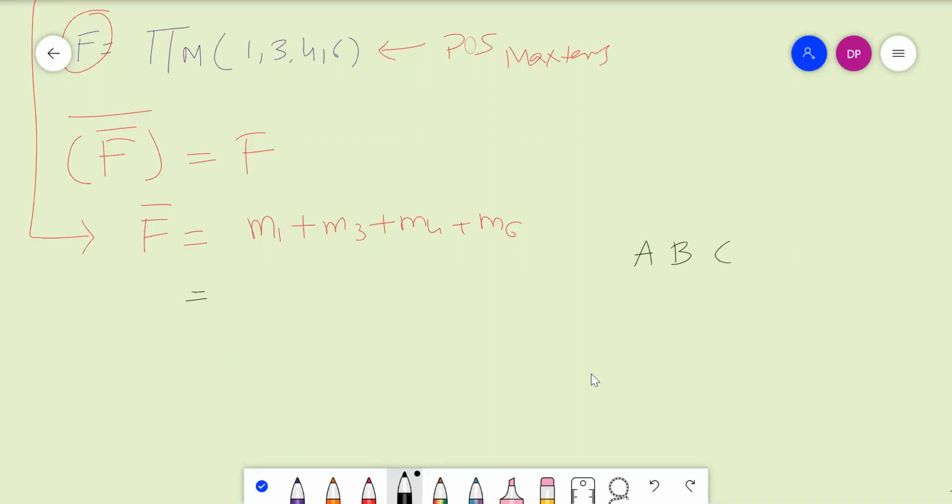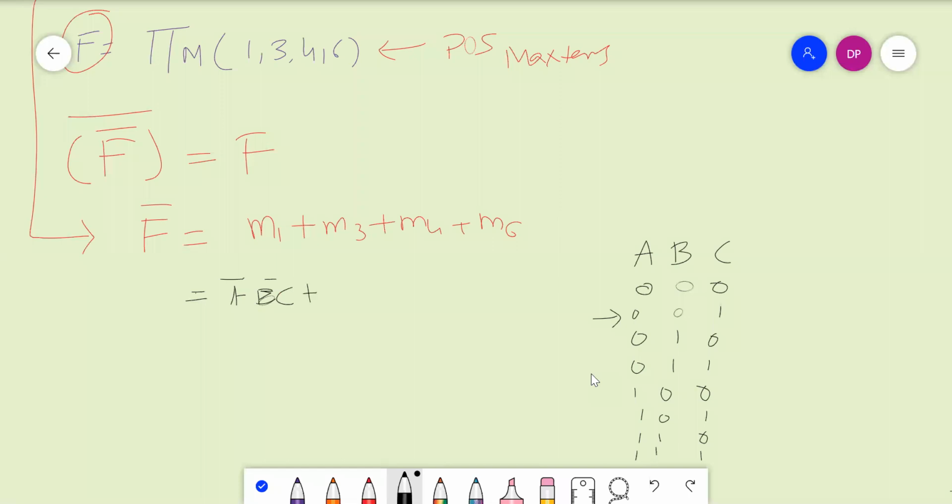Let me write it here. This is 0, 0, 0; 0, 0, 1; 0, 1, 0; 0, 1, 1; 1, 0, 0; 1, 0, 1; 1, 1, 0; 1, 1, 1. Small m1 means this one, which can be written as A bar dot B bar dot C. This is the min term.